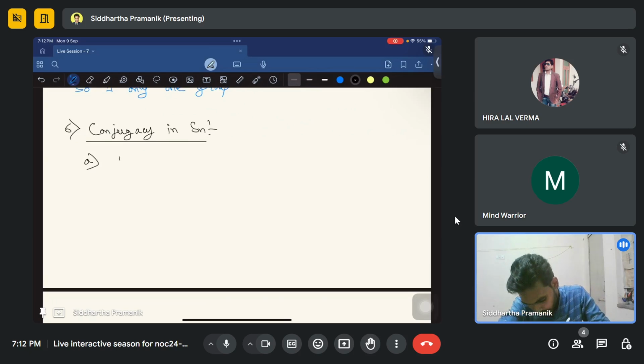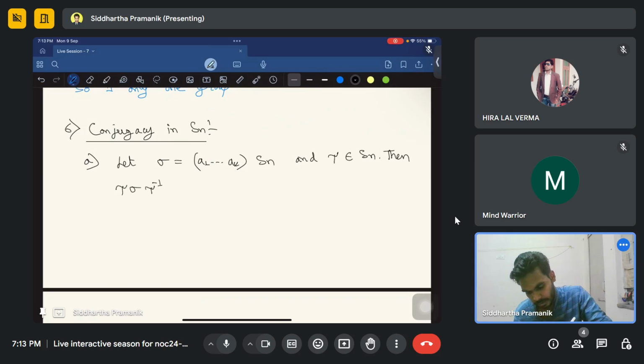So the first result related to this is: let sigma be a k cycle belonging to Sn and tau be any other permutation in Sn. Then tau sigma tau inverse is also an element of Sn, and it is a conjugate of sigma, right?